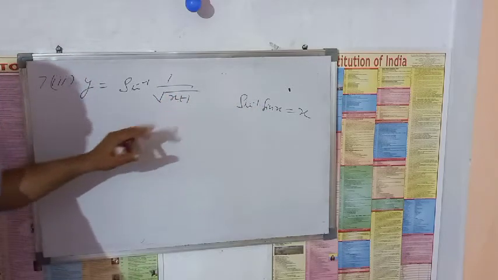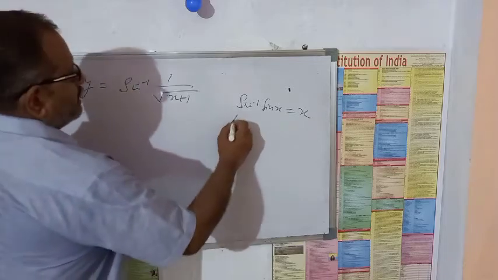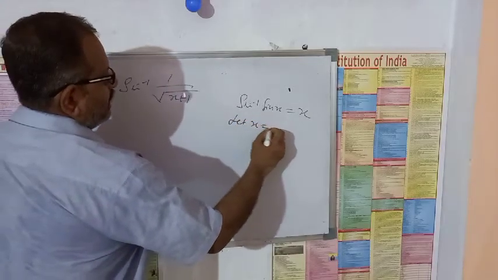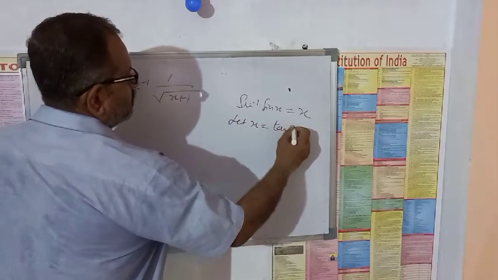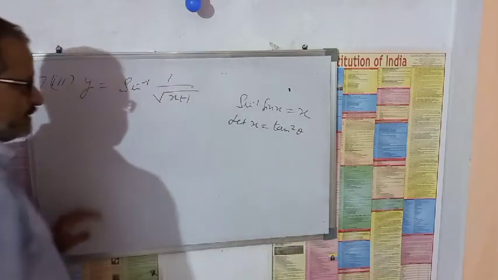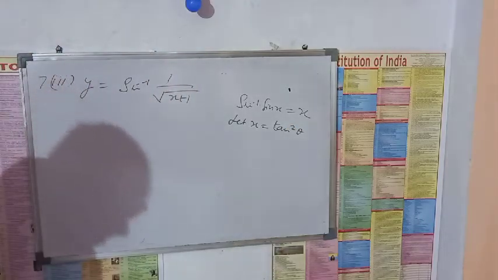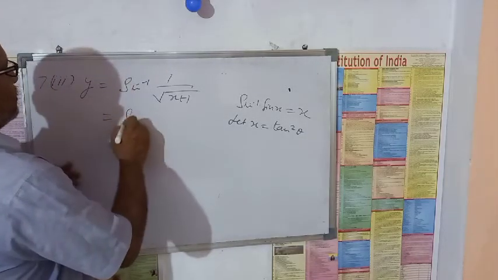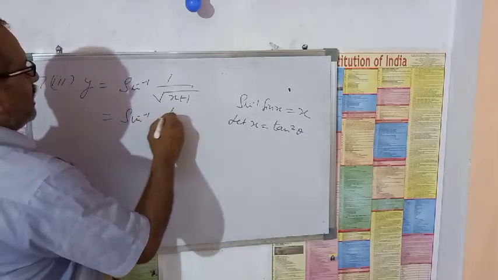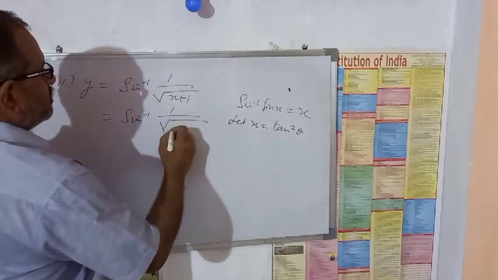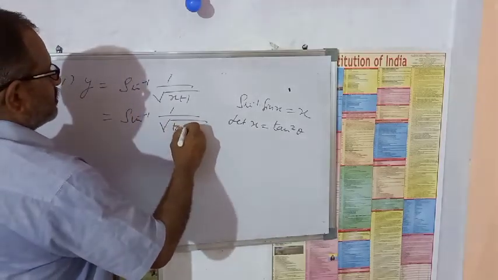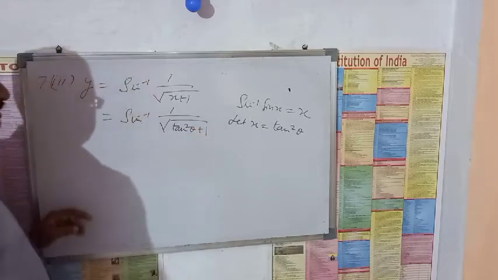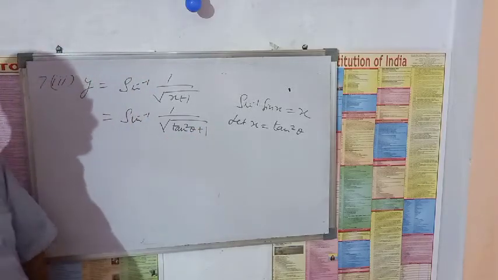So what will be the substitution? See, let x is equal to tan square theta. So sin inverse 1 upon root of tan square theta plus 1.